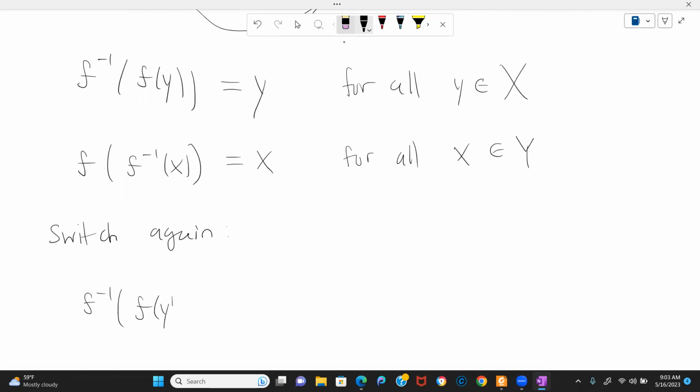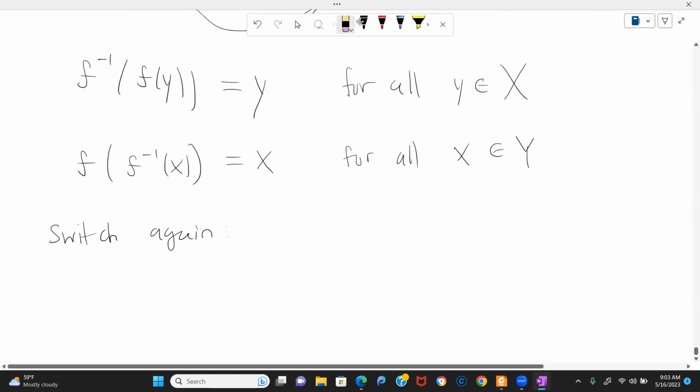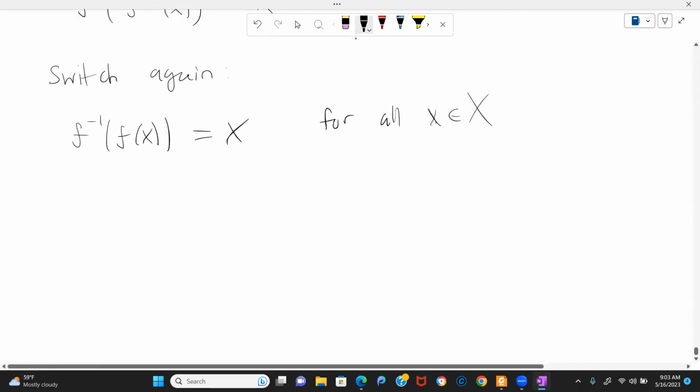Oops. I don't know why this thing is moving so slow. This is really irritating. Oops. So what I want to say is that f inverse of f of x is equal to x, and that's for all x in capital X, and then f of f inverse of x, uh, or y, I guess.